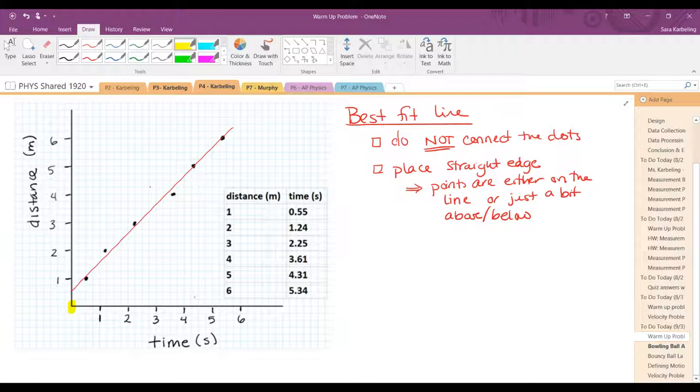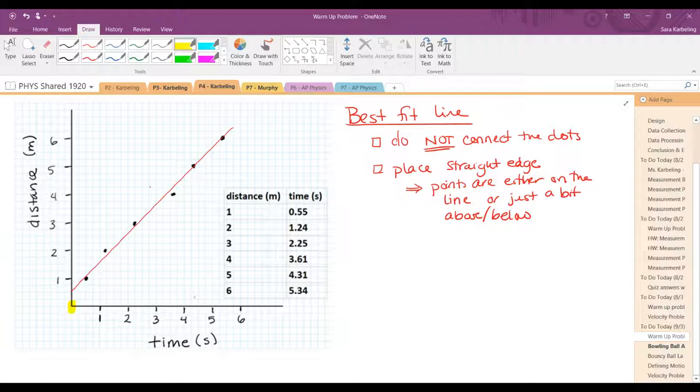All right, let's come back. Any ideas why that doesn't go through the 0, 0 point? Through the origin? No ideas? Well, it should.